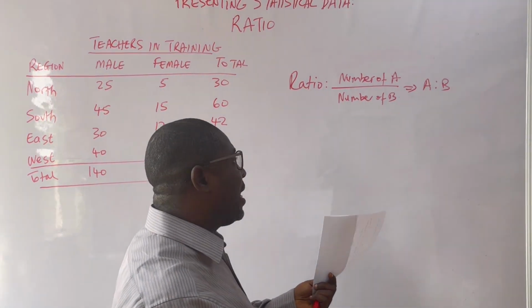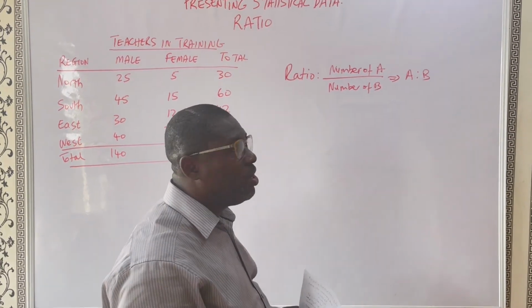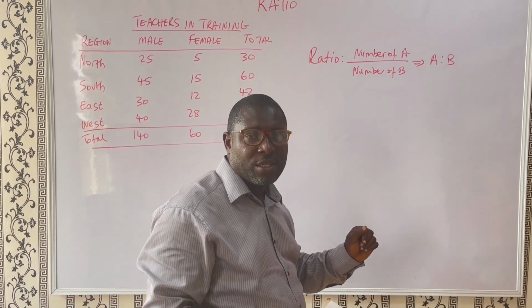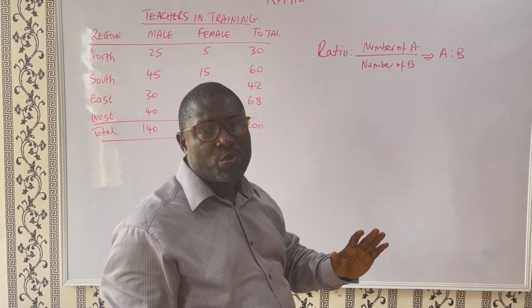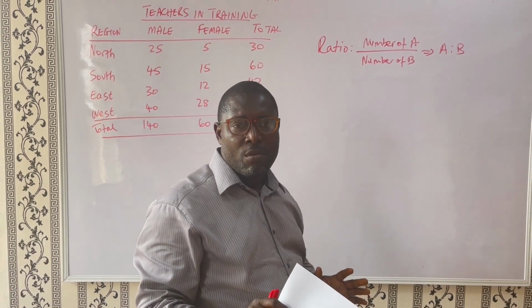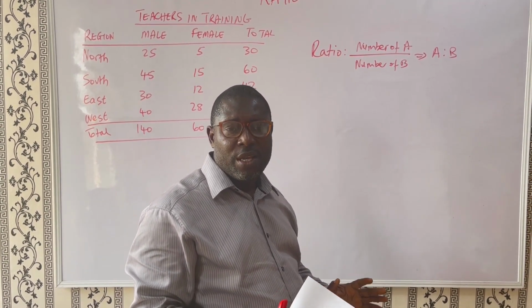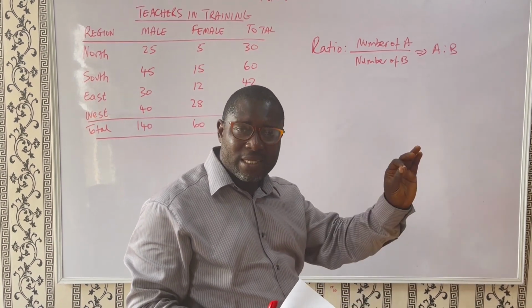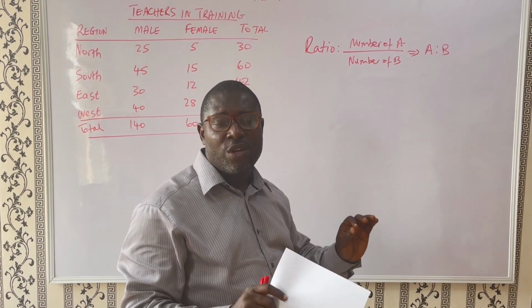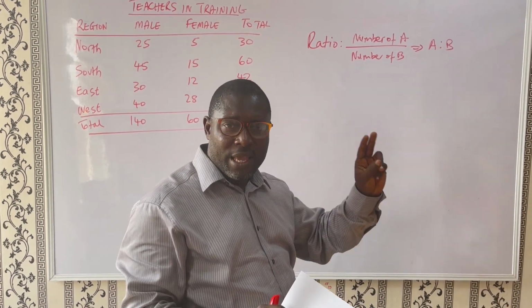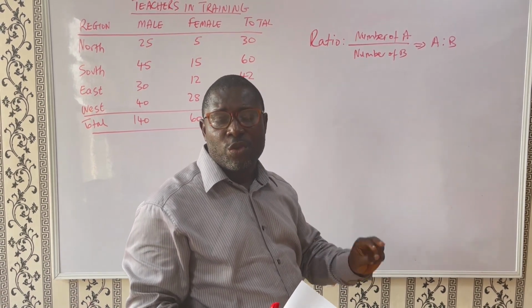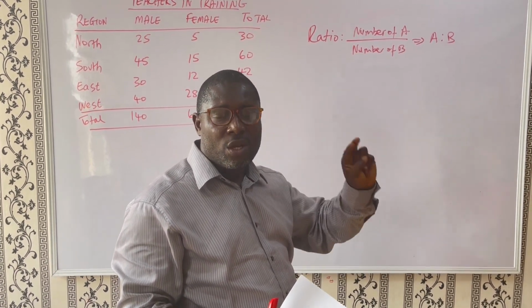Some persons have asked, what's the difference between ratio and proportion? Now listen, ratio is a relationship between two parts, A and B. But proportion is a relationship between a part and a whole. I'll come again. Ratio is a relationship between two parts, A and B. But proportion is a relationship between a part and a whole.